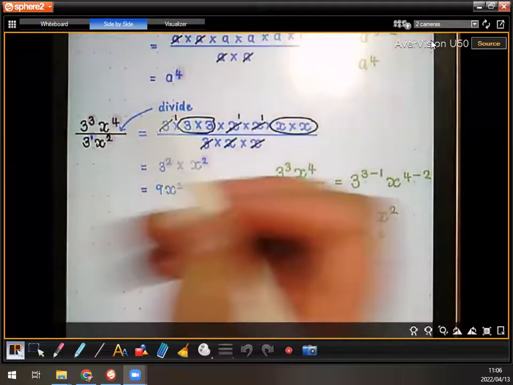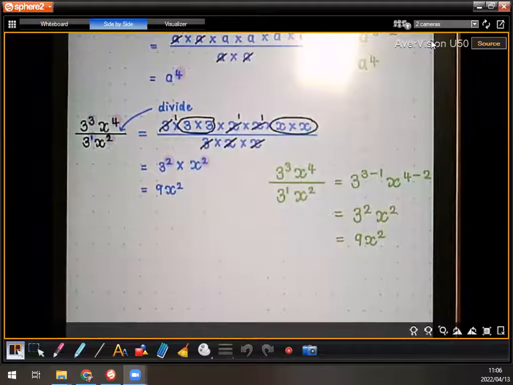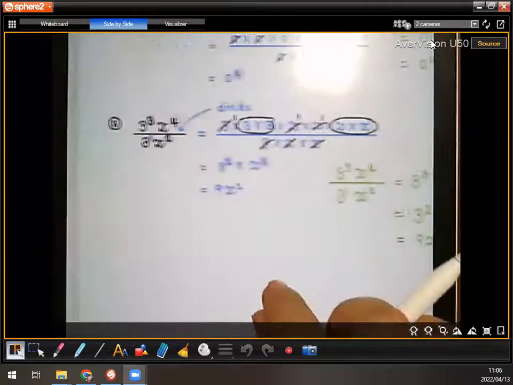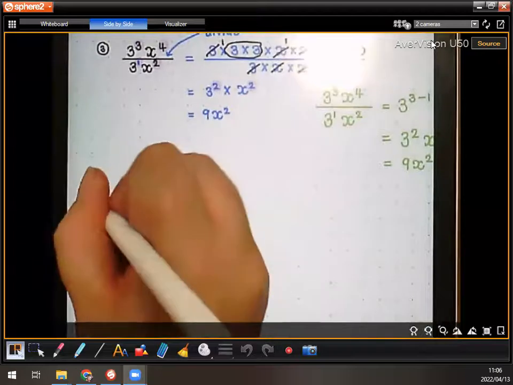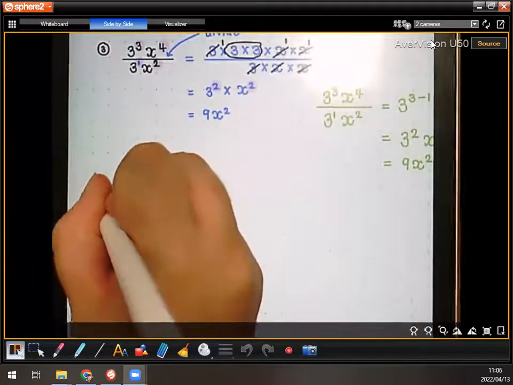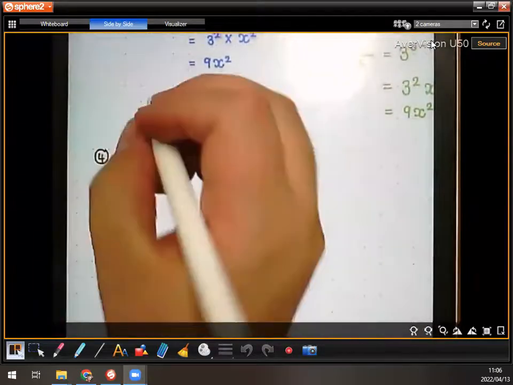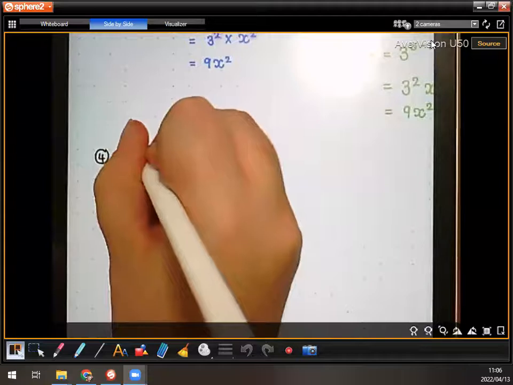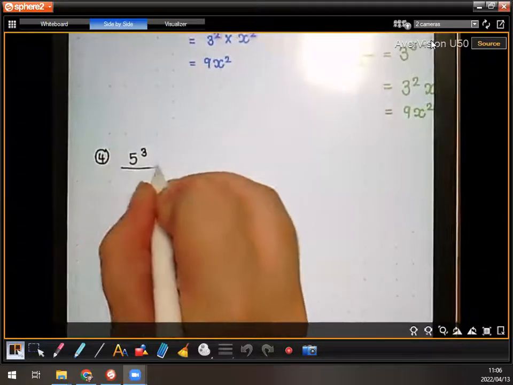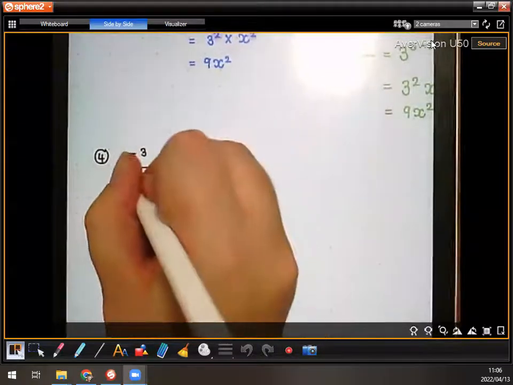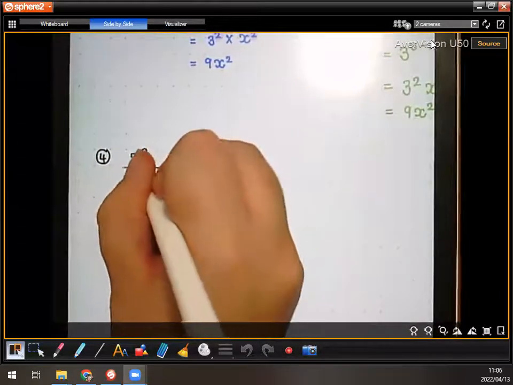You can't use this rule. Okay, so guys, this rule where you take the top exponent minus the bottom exponent, you can only use it if you have the same base. All right. So what Ryan is asking is if, for example, let's do a number 4 here. If you have 5 to the 3 over 2 squared.